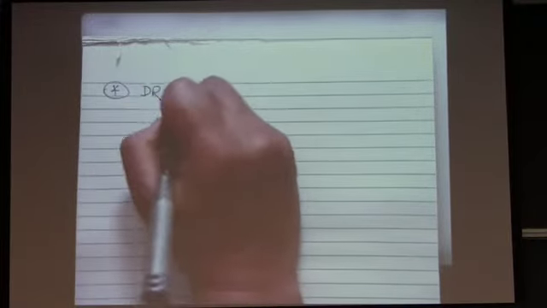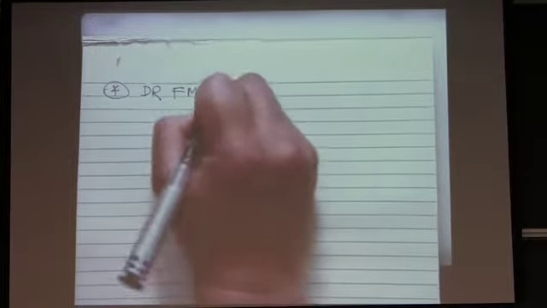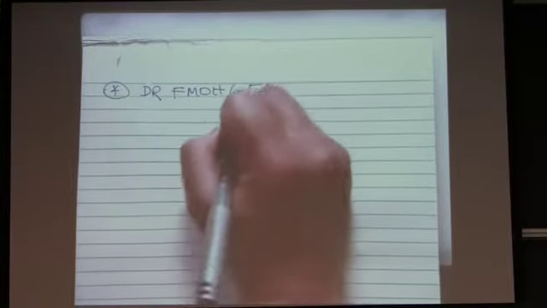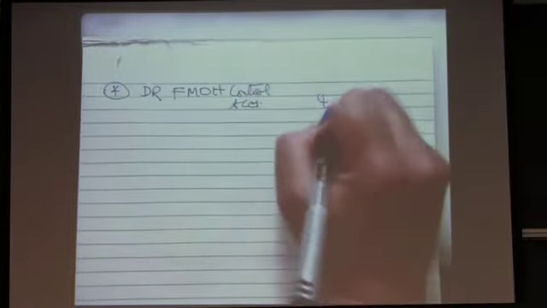So debit fixed manufacturing overhead control account. Credit accounts payable or cash or other accounts, whatever it is. It could be accumulated depreciation. Remember, that's part of fixed overhead, isn't it?